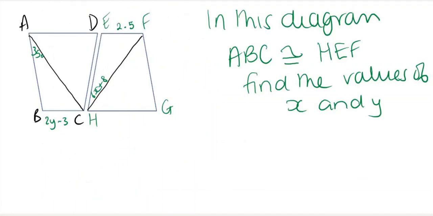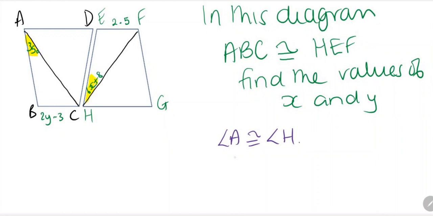Okay, in this diagram, we have triangle ABC is congruent with triangle HEF. Find the values of x and y. So ABC, so A is going to be congruent with H. So angle A is congruent with angle H. So we can say, by substitution, 35 is equal to 6x plus 8.